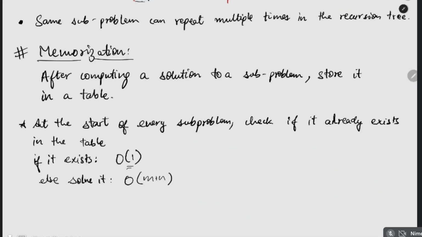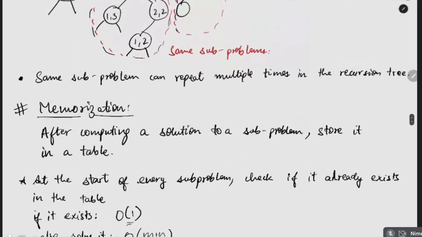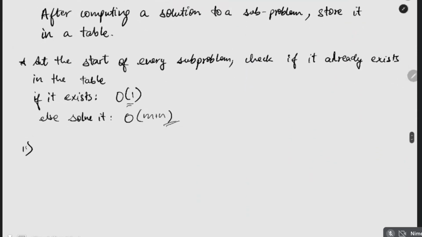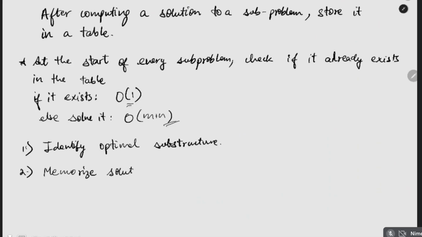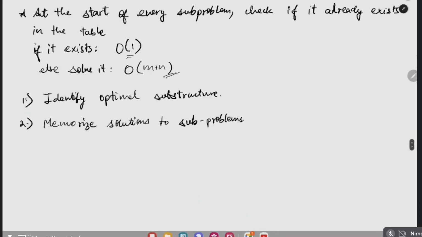So this is essentially the idea of dynamic programming: first we identify the optimal substructure, and then we memorize solutions to subproblems.